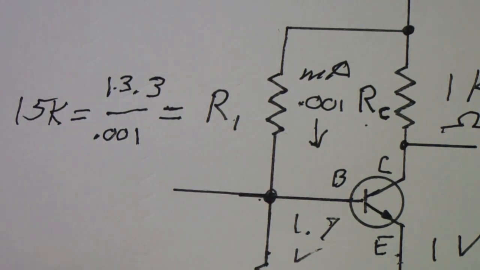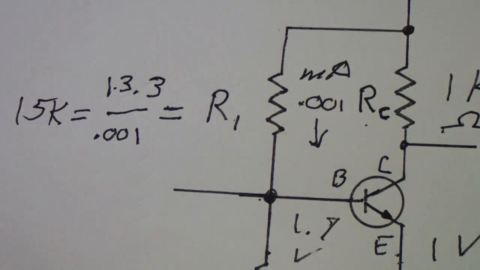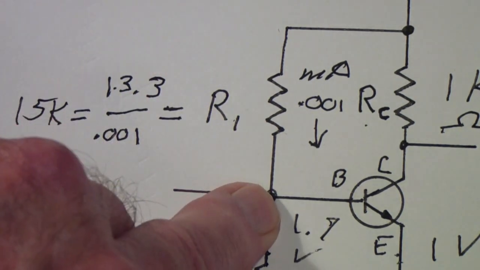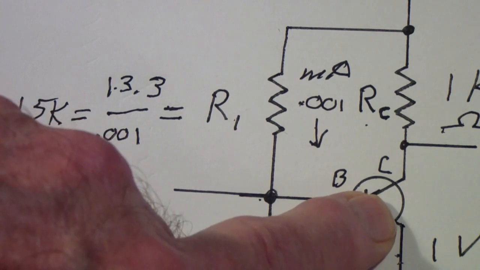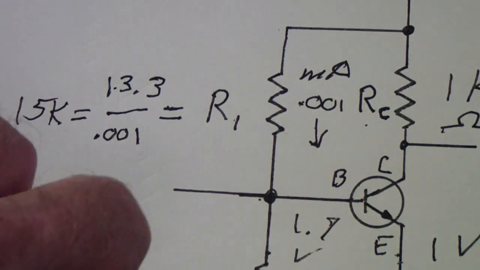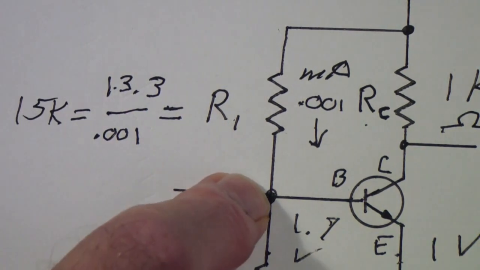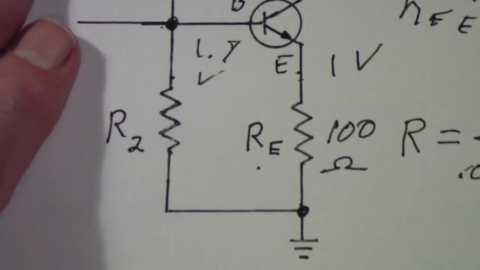So we've determined RE, RC, and R1. Now let's determine R2. Well, remember I said there's 0.001 amps flowing down here. A small amount will flow into the base, and the rest, that is 90% or more, will flow through this resistor to ground. For our purposes, remember we're just using approximations.